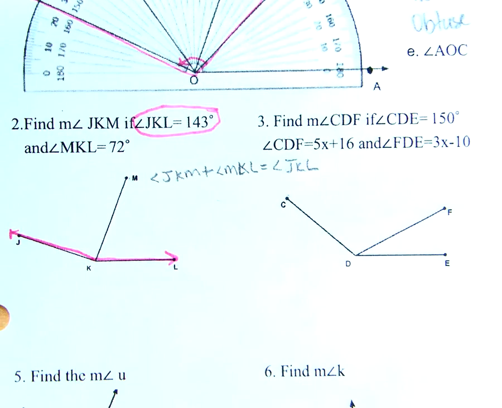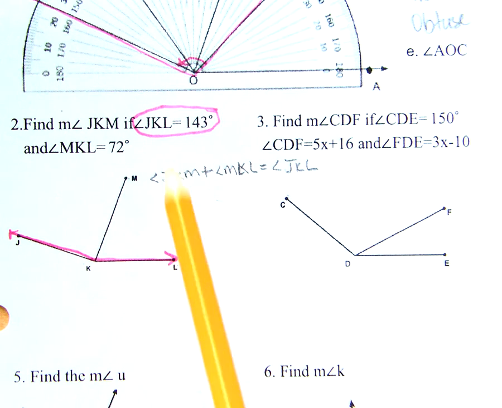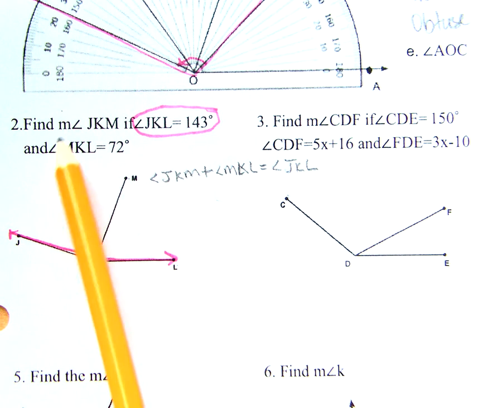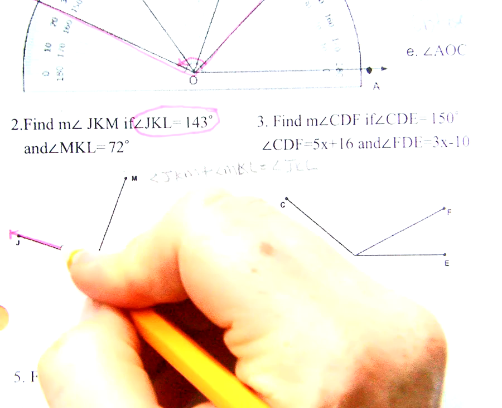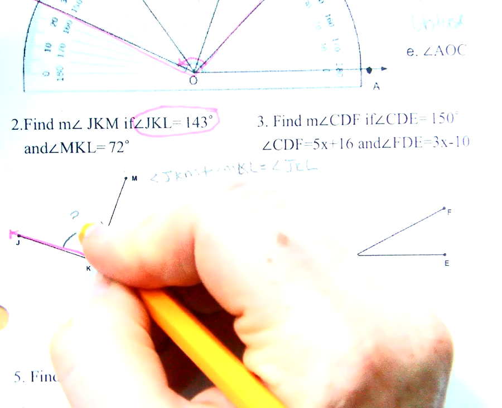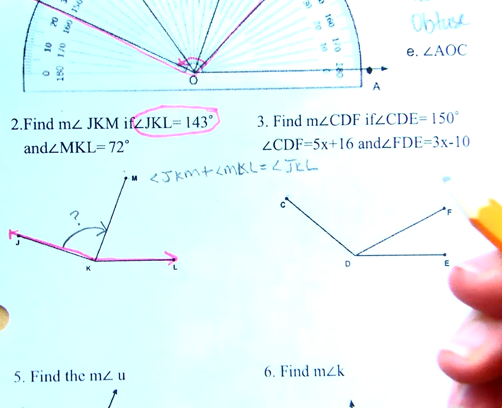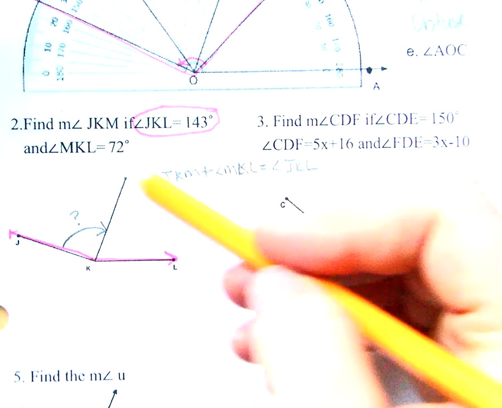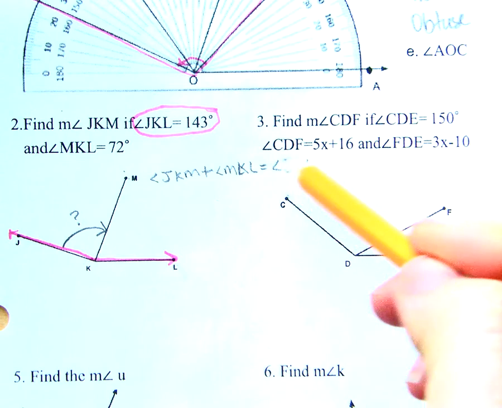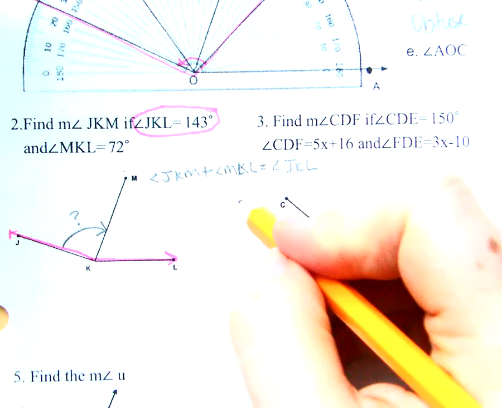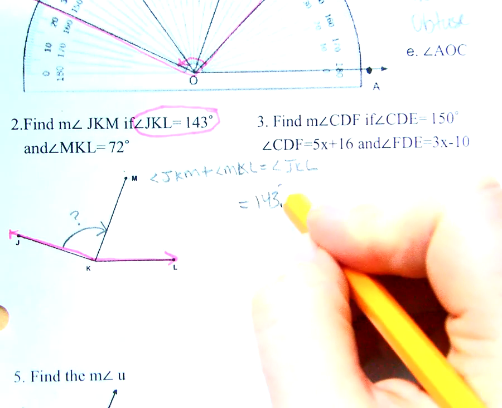Right? And then we want to know what is JKM. So JKM would be this angle right here. So we want to know this one. And we know that JKL is 143. So we know this is going to be equal to 143 degrees.